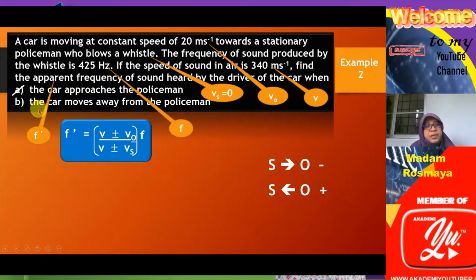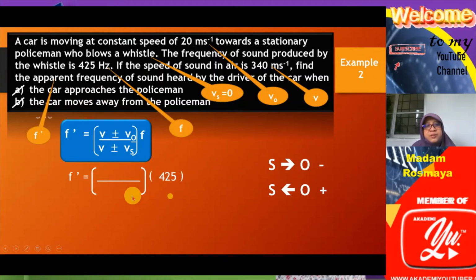Okay, for the B question, the car moves away from the policeman. As usual, we substitute 425 and 340 first, and the Vs is 0, so we don't need to write it. For the observer, this time the car moves away from the policeman.